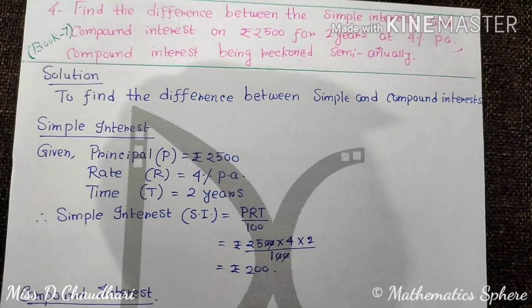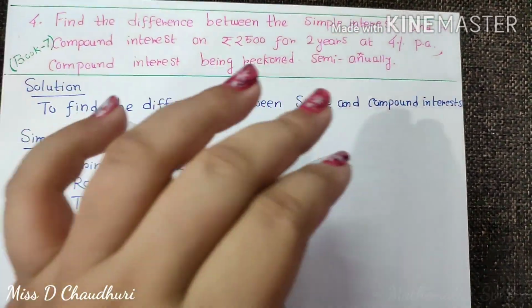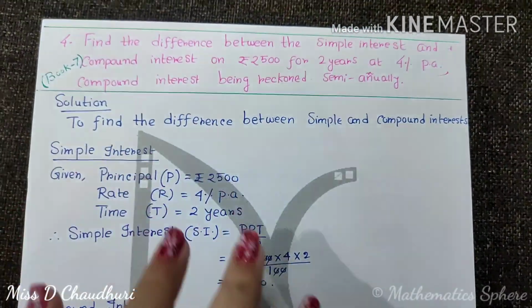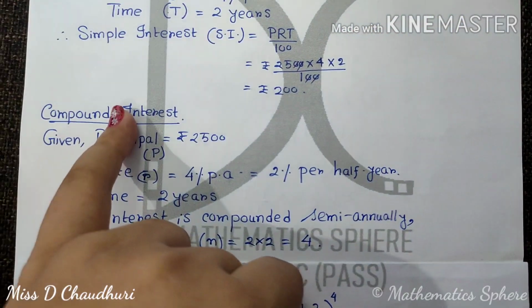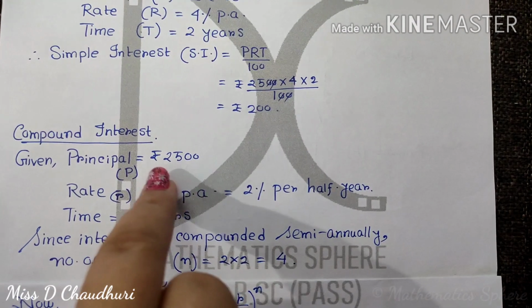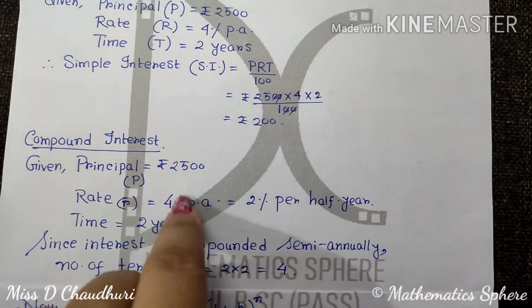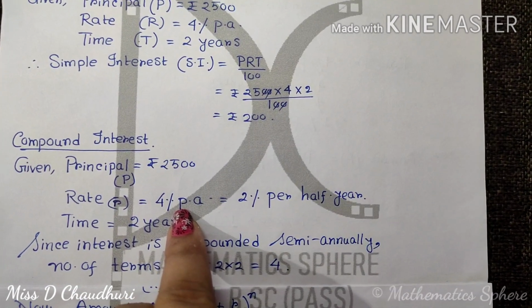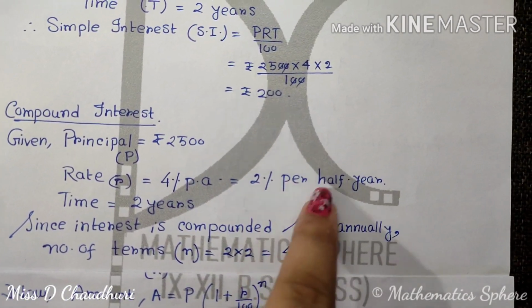Now comes the compound interest, because in compound interest we need to think whether it is reckoned semi-annually, quarterly or annually, and do accordingly. Okay, so now it is the time for finding the compound interest. So it is given that the principal P is 2500. Rate, here we use the initial smaller r, is 4% per annum, but our compound interest is being calculated half yearly, so it will be 2% per half year.